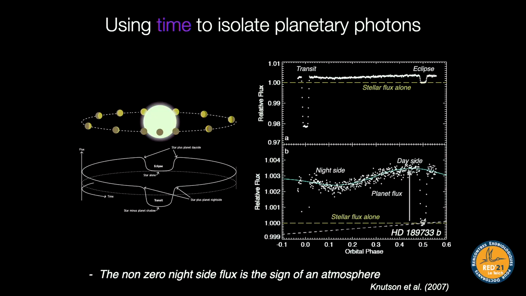So again, now what we can measure, thanks to the fact that we know when the planet is in front of us, behind the star, or at which phase it is, we can measure the luminosity of the night side, on the left, of the day side, near the eclipse, and we know exactly what is the distribution of the flux from the planet.